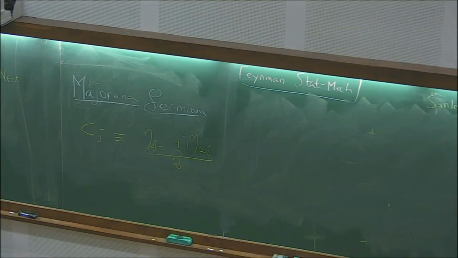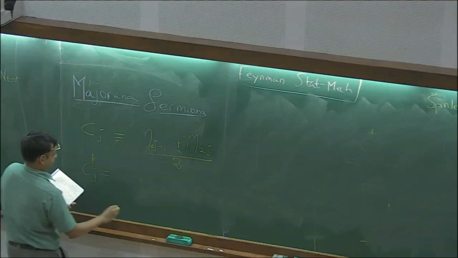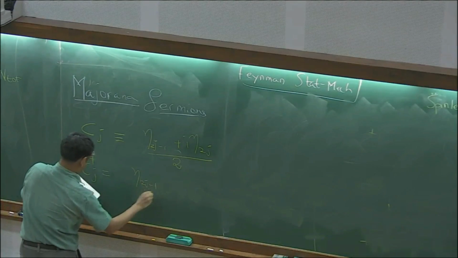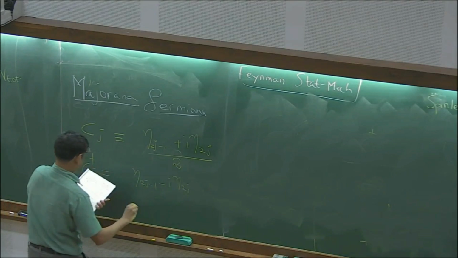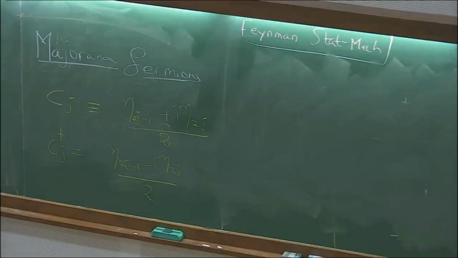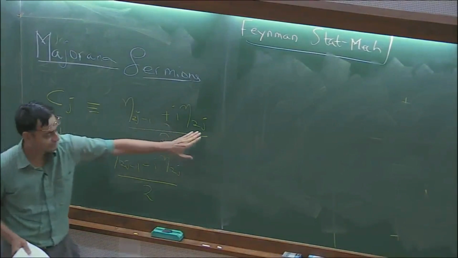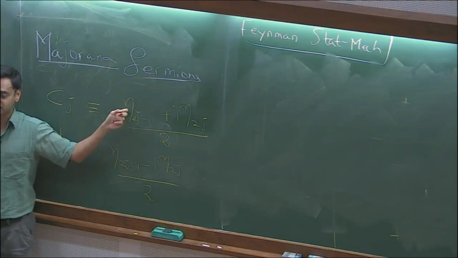Okay? So that's a simple exercise. Let's do that. So of course C_j dagger is eta_{2j-1} minus i eta_{2j}, just by taking the dagger, right? And these are real and imaginary parts, so by definition they are the same as their own Hermitian conjugate.